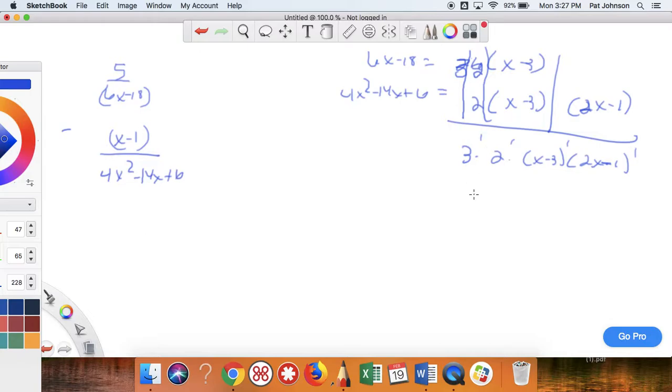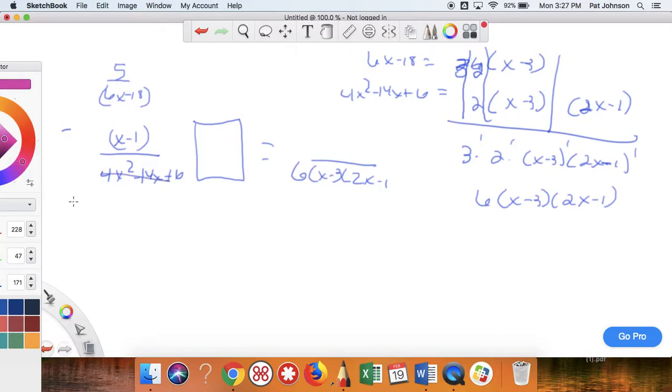So I just simply go, okay, my LCM is 6 times x minus 3 times 2x minus 1. So then again, when it's in this form, it's easy to see what am I missing? If you go back, and this is this up here, right? So I can rewrite it. I would rewrite it normally. I wouldn't do what I just did.